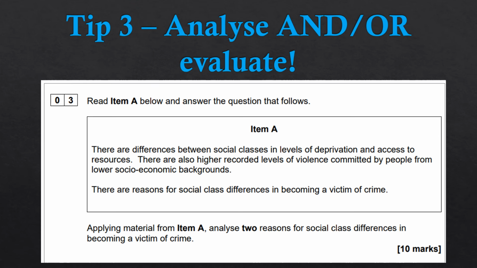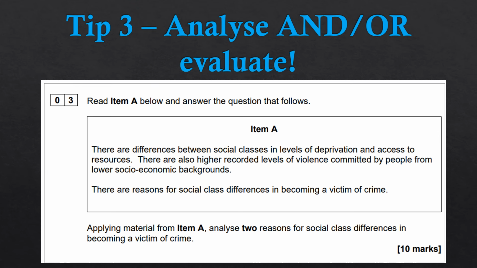So for example, you might quote the item, which is about higher recorded level of violence in lower socio-economic backgrounds, indicating that you're more likely to be a victim of violence in a working class area, possibly due to masculine working class subcultures or conflict subcultures, and as a result you play a part in causing your own victimisation, which is positivist victimology.